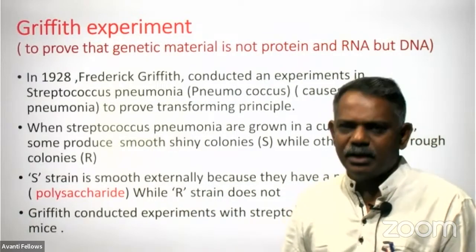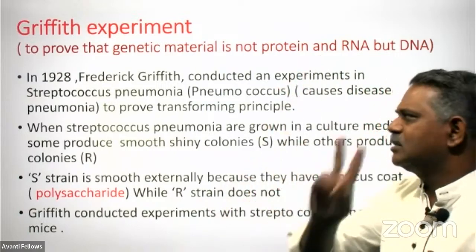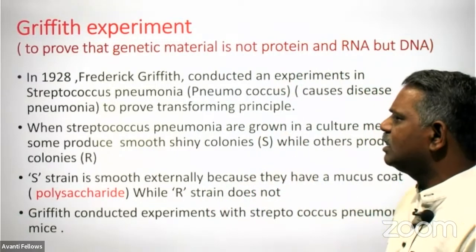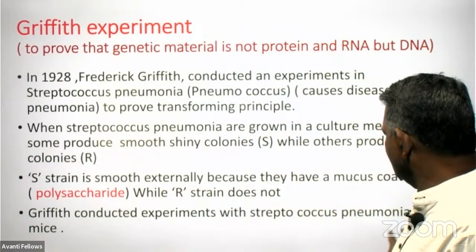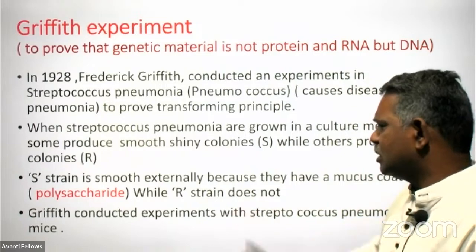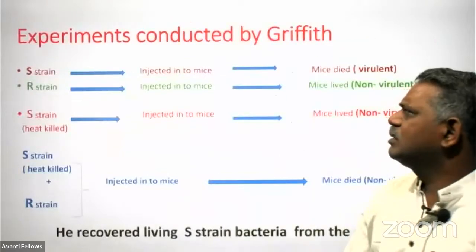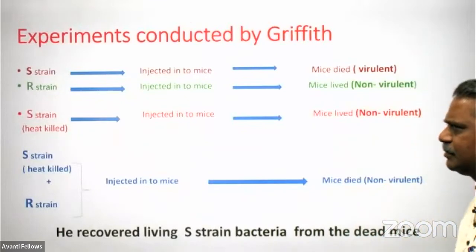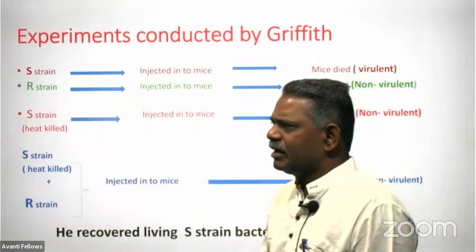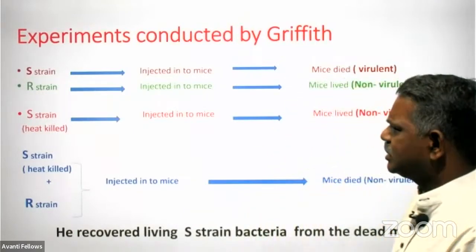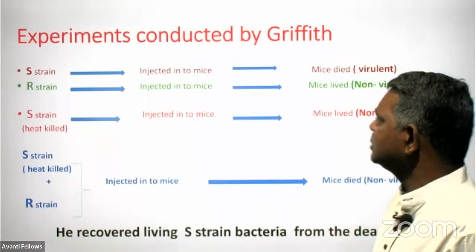You may remember the experiment conducted by Griffith. He used two types of strains of this coccus bacterium, Streptococcus pneumoniae, and he used mice to do his experiment. Let us see the simple experiment conducted by Griffith. The S strain has a smooth surface, and it is virulent and can cause disease.